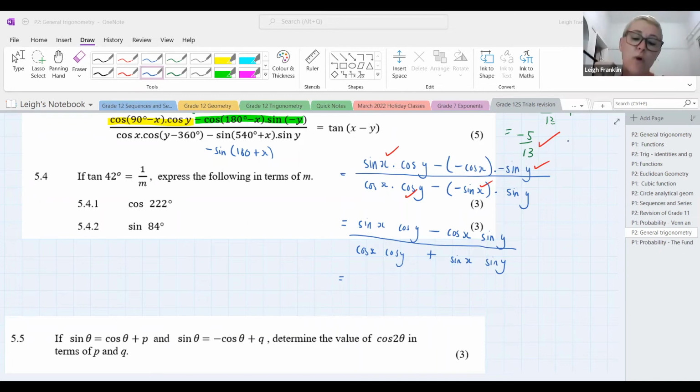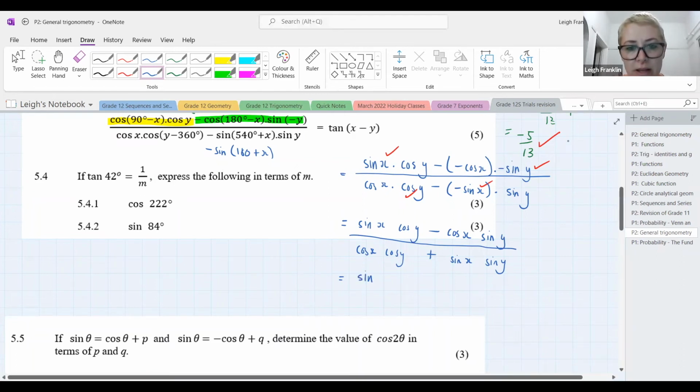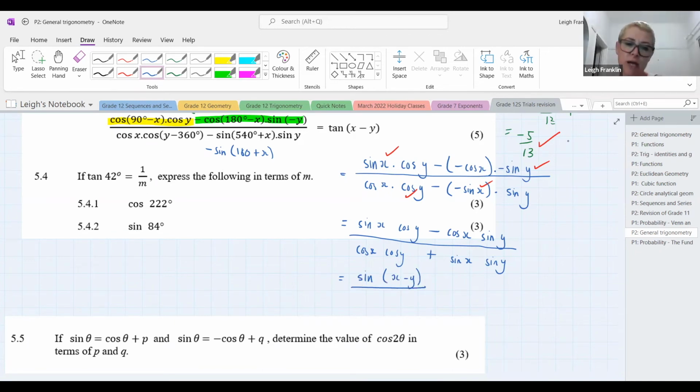The one in the numerator is our sine compound angle, so we're going to do the reversal of the expansion. That's going to be sine(x minus y). At the bottom, we've got our cosine compound angle. Remember, cos does not keep its sign, so this is going to be cos(x minus y). And if we've got the sine of x minus y over the cos of x minus y, that gives us the tan of x minus y.